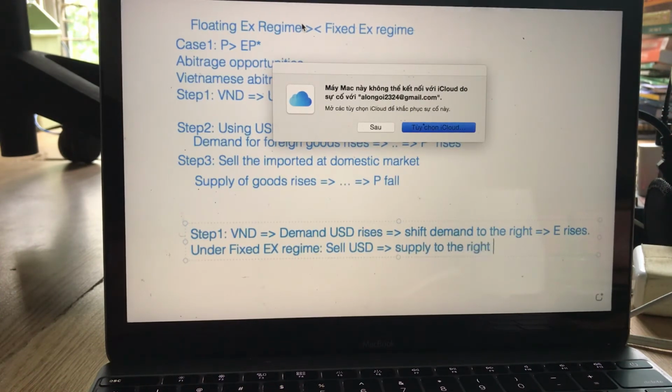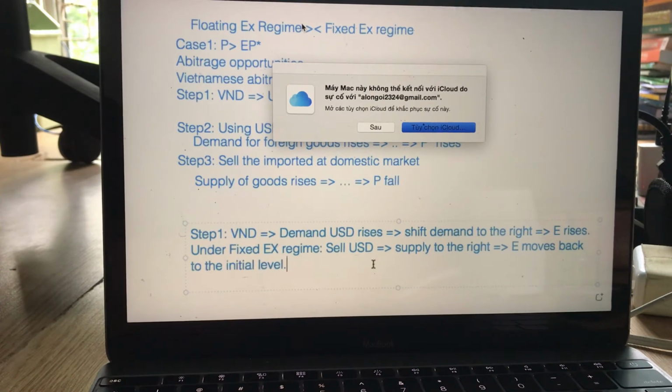Okay. And finally, we have the exchange rate come back to the initial level, because E increased after this part, and when the central bank sells the USD, it shifts the supply curve to the right, so it reduces the exchange rate, and the exchange rate moves back to the initial level.